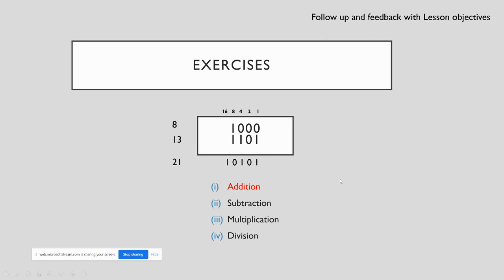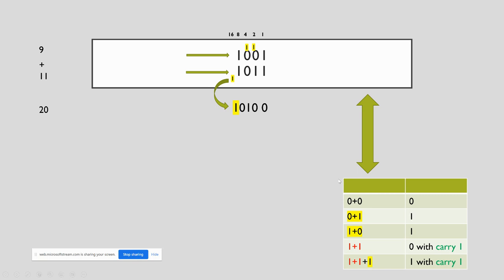For the addition, let's look at this example in detail. We follow this table. Always keep it handy. With the table, we follow the rules: 0 plus 0 is 0, 0 plus 1 is 1, 1 plus 0 is 1, and 1 plus 1 is 0 with carry 1.